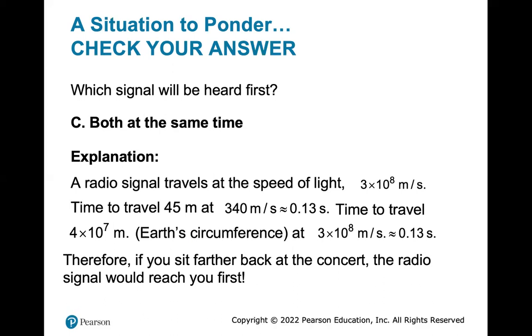Time to travel 4 times 10 to the 7 meters, which is the Earth's circumference, at 3 times 10 to the 8 meters per second is approximately 0.13 seconds. Therefore, if you sit farther back at the concert, the radio signal would reach you first.